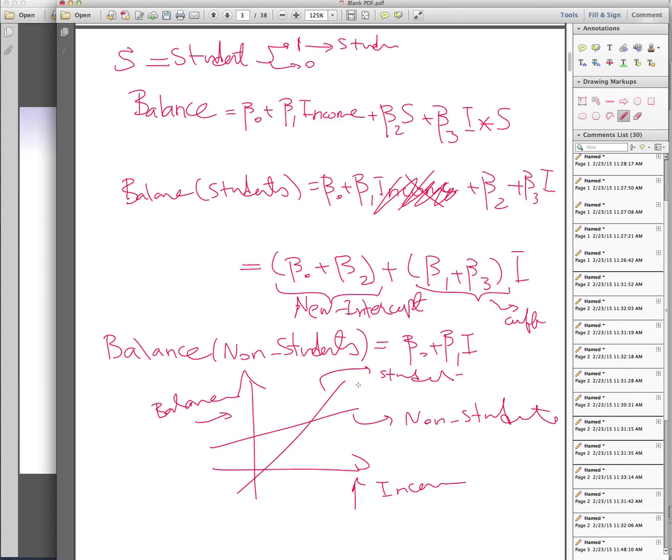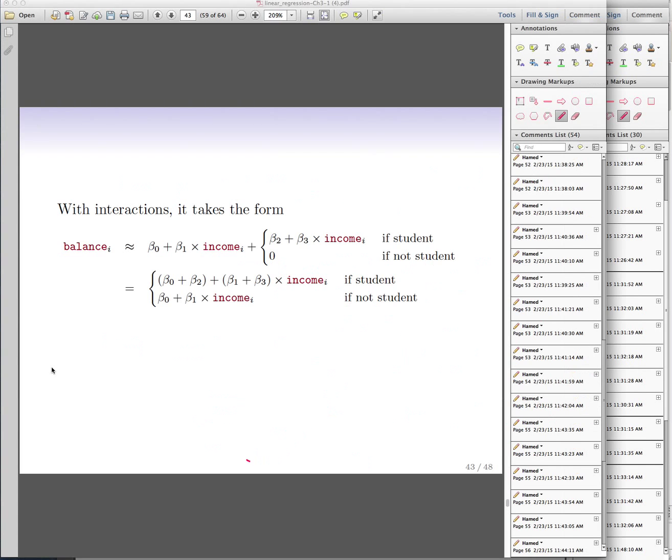What it means is that for lower level income, non-students tend to have more balance. For more income, that's vice versa. At this amount of income, they have the same balance. So as you can see, when you have interaction effects of qualitative variables and quantitative variables, things become very interesting. We get two different lines with two different slopes, and that's the beautiful thing you can get there.